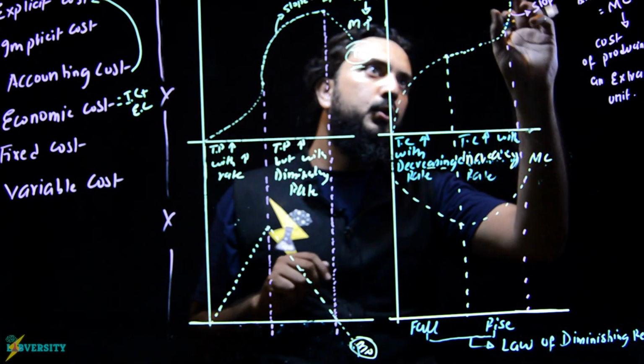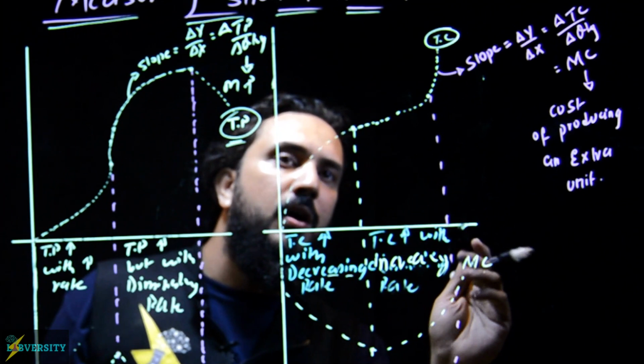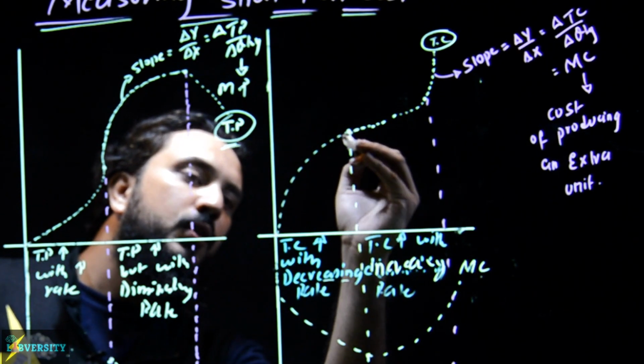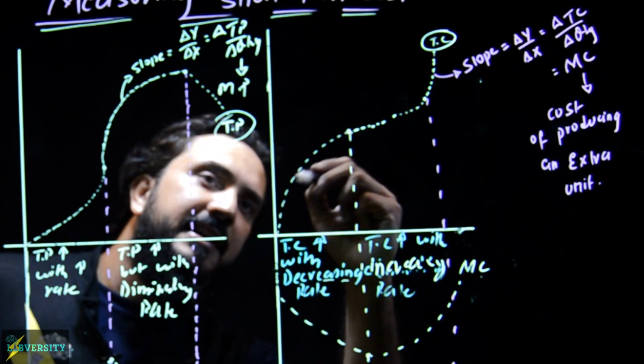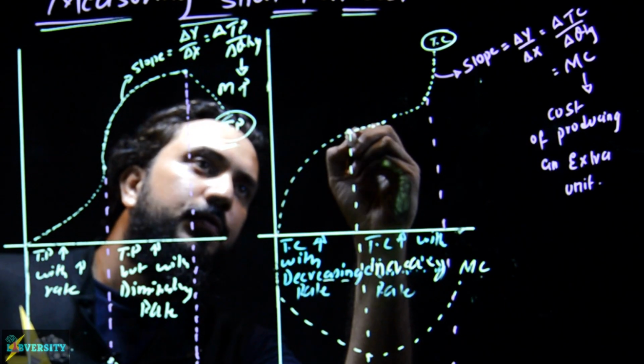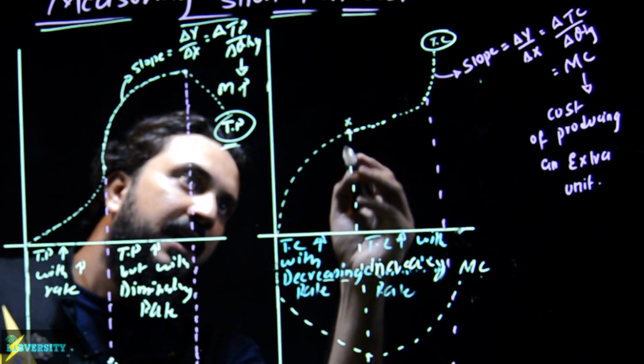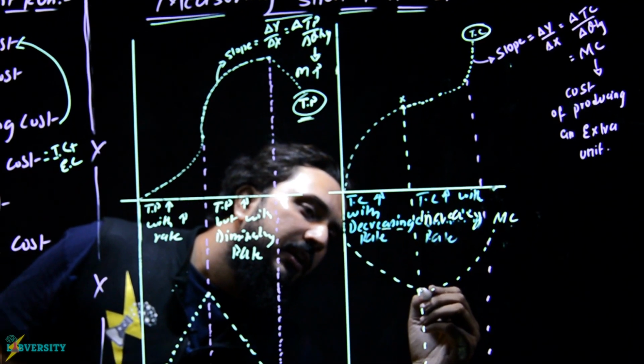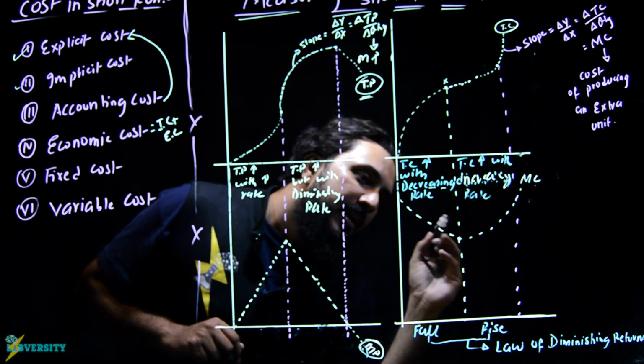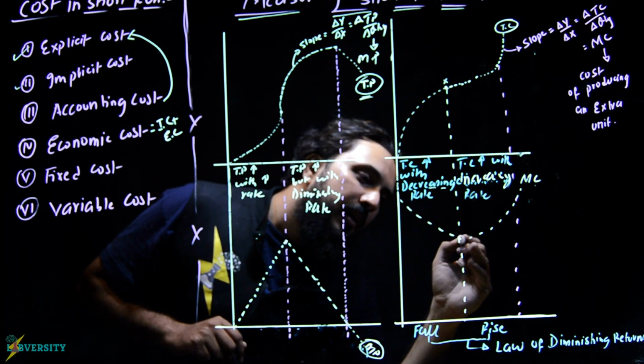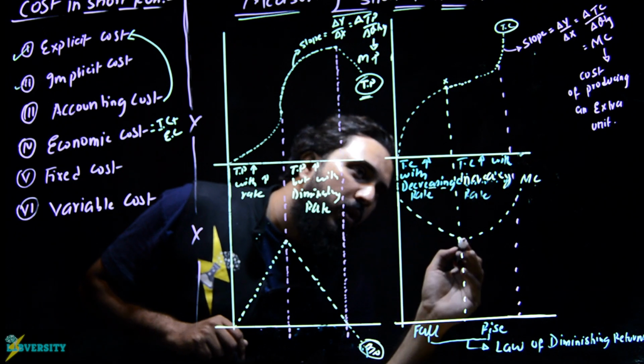And when we compare the total cost with the marginal cost, you can see a point where your total cost was increasing with a decreasing rate. This was the maximum point, that is x, and at the same point your marginal cost is at its least point, meaning at this point you are making maximum output at minimum cost.